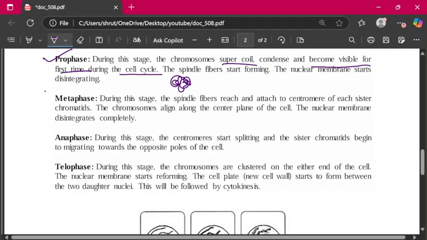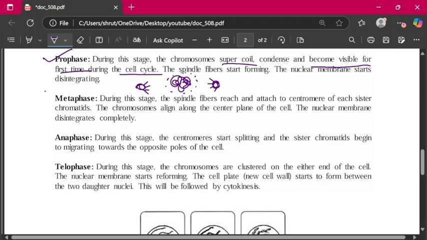The spindle fibers start forming here, and the nuclear membrane starts disintegrating. So this is the nuclear membrane. It starts to disintegrate and there is formation of the spindle fiber. So for what purpose? Because this cell is going to divide.